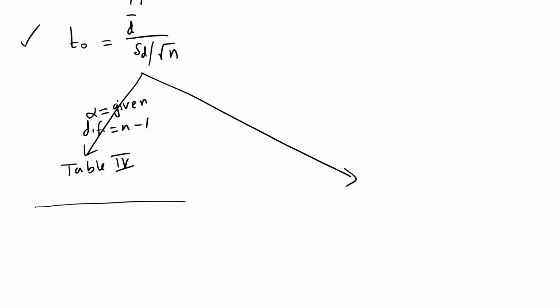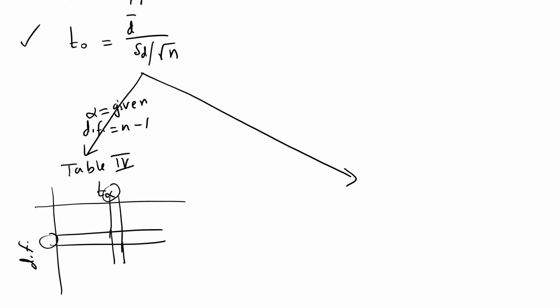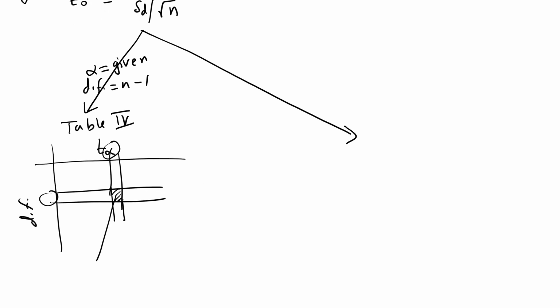In table 4, the degrees of freedom, n minus 1, are in this column, and on the top we have the t sub alphas. You would know what alpha is, it will be given, and you will find the degrees of freedom by doing n minus 1. Let's say it's somewhere here. All you have to do is go vertically this way, horizontally this way. This will be the value we're looking for. That's the critical value.